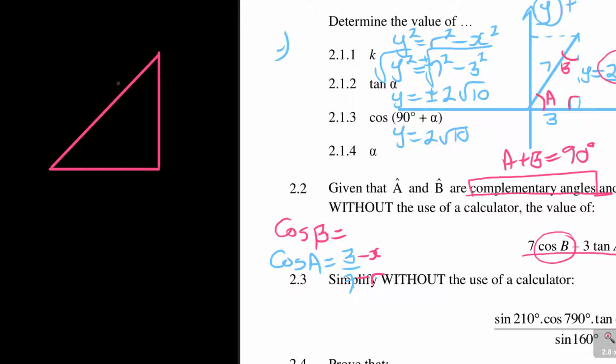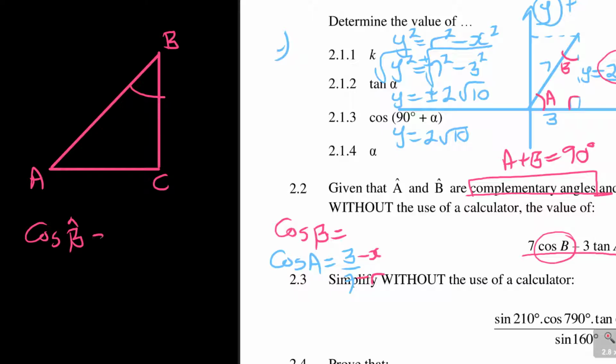In this triangle, this is my A, B, C. So now if I say to you, what is cos B?